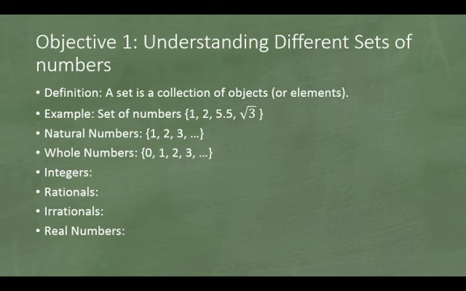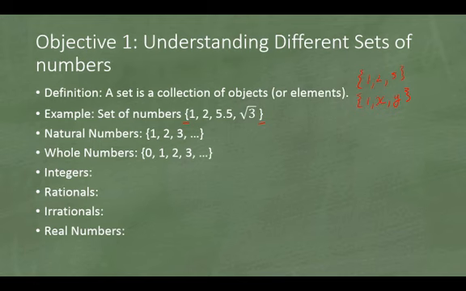Objective 1. Understanding the different sets of numbers. Definition. A set is just a collection of objects or elements. It can be a collection of numbers, like 1, 2, 5, or it can be a collection of numbers and variables, 1, x, y, etc. But we use these brackets to represent a set, any collection of numbers or variables.